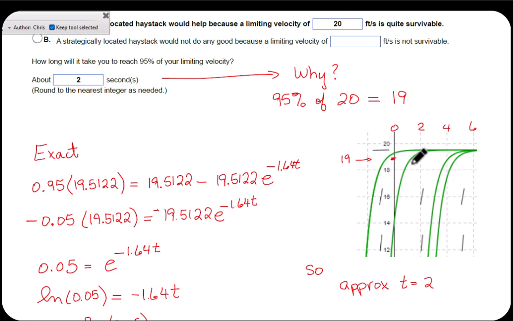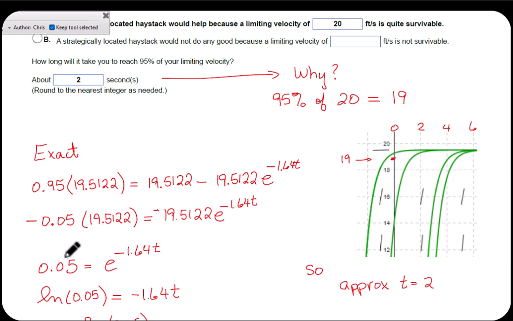Well, let's see. If I take my exact solution, we're trying to figure out what we would get for 95% of my terminal velocity. I'm using the exact ones, not the 20. I'm using 95% of the exact limiting number, the exact answer.